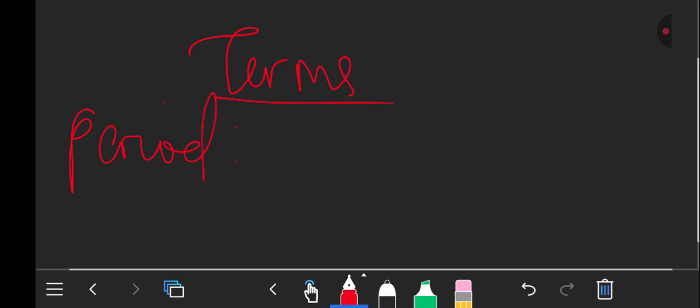Let's look at now the important aspects you must understand. You need to appreciate these following terms. We'll start with period. What is period?